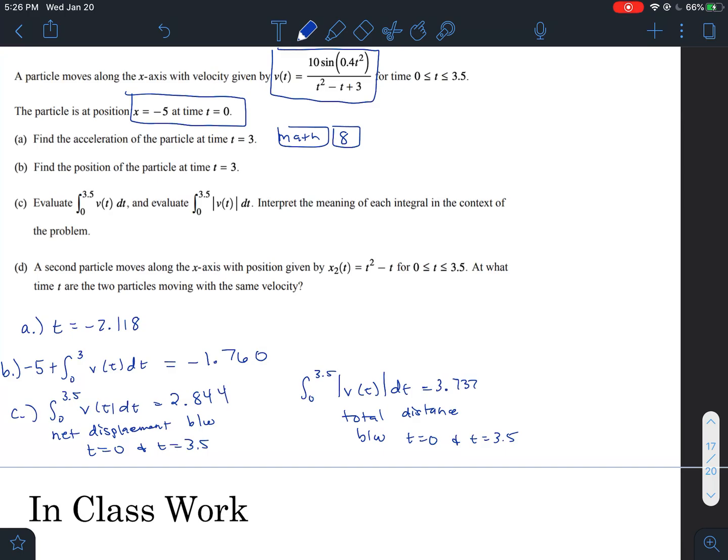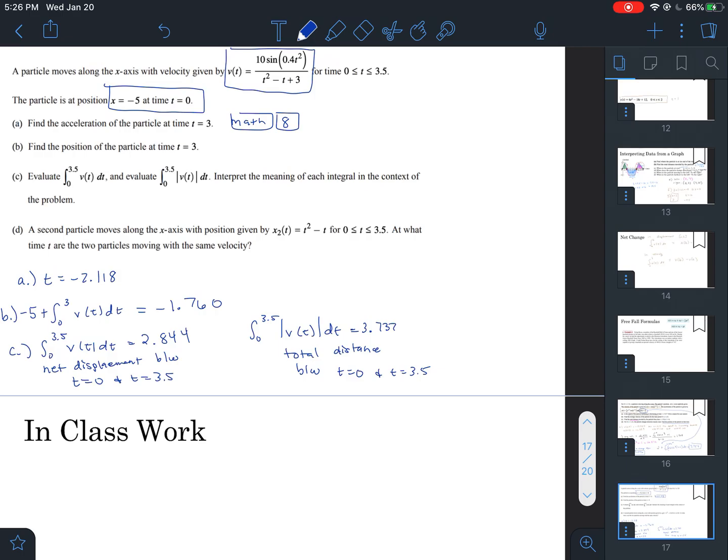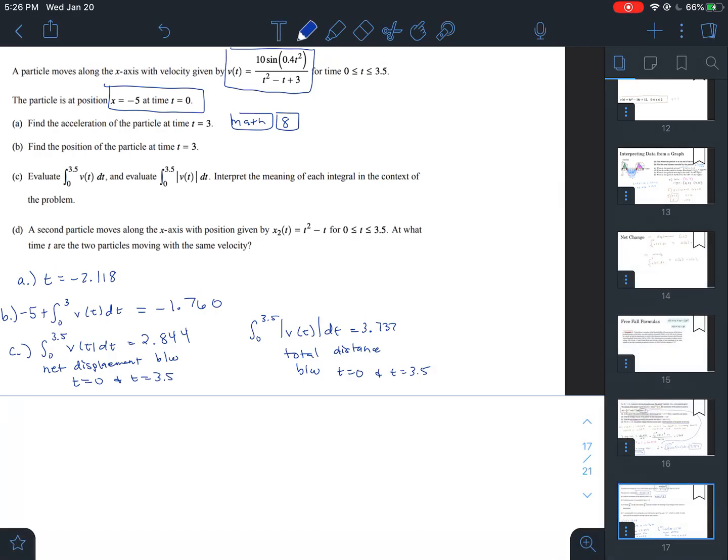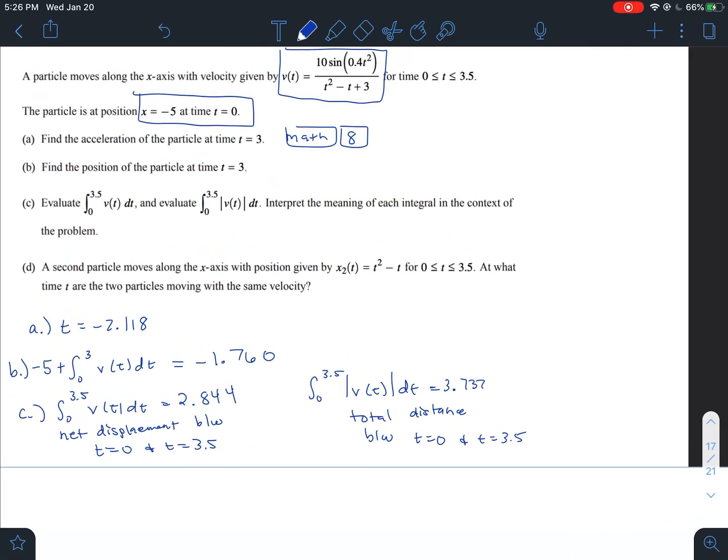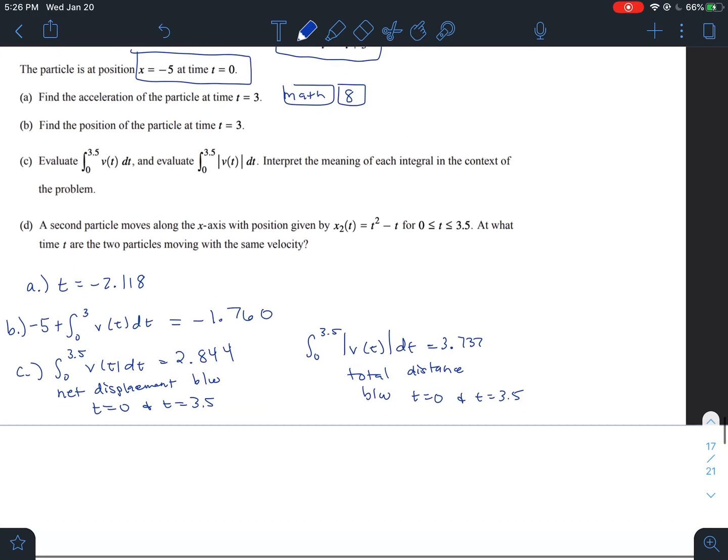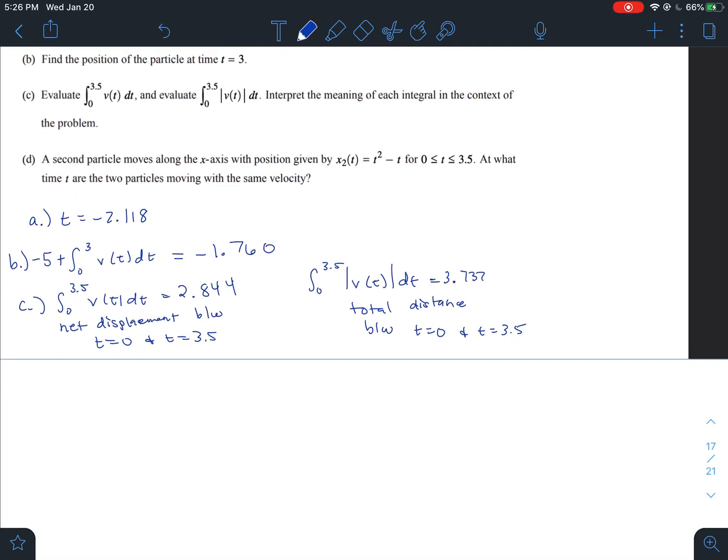So this is part D. A second particle moves along the x-axis with the position given by t squared minus t between 0 and 3.5. At what times are the particles moving with the same velocity? So we want to know when their two velocities are the same.